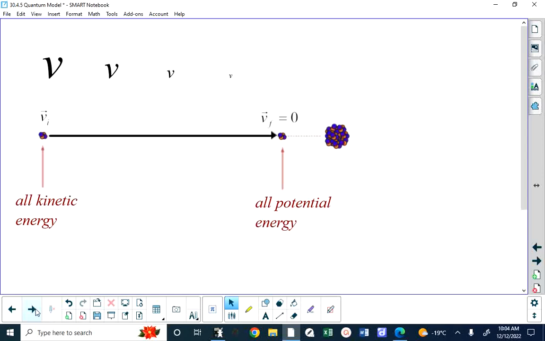If you have a pendulum, and I get this pendulum moving back and forth, at that instant where it touches my nose, and it actually did touch my nose there, that pendulum has all gravitational potential energy. But yet at the bottom it didn't have any potential energy. Where does this potential energy come from?